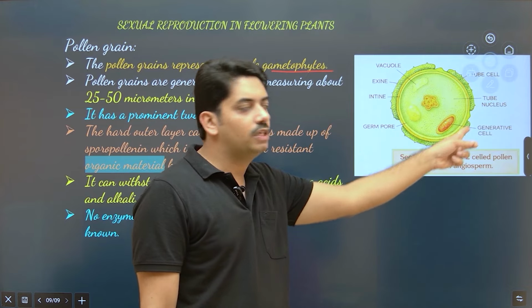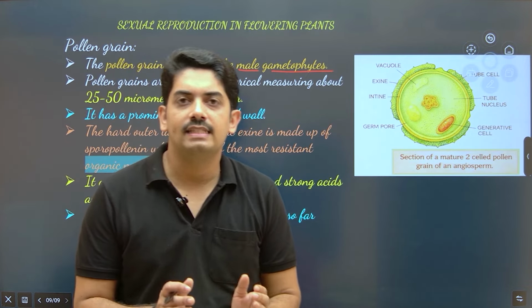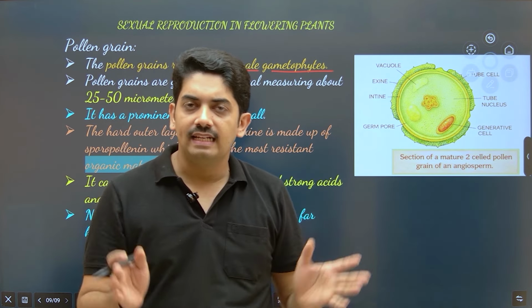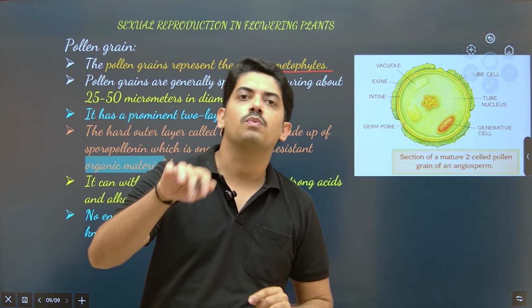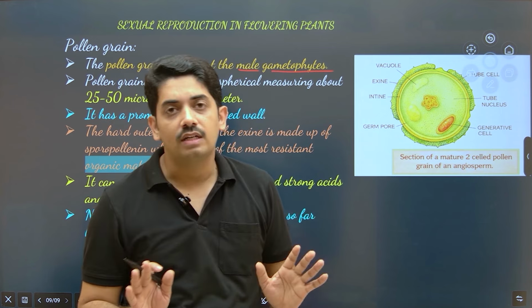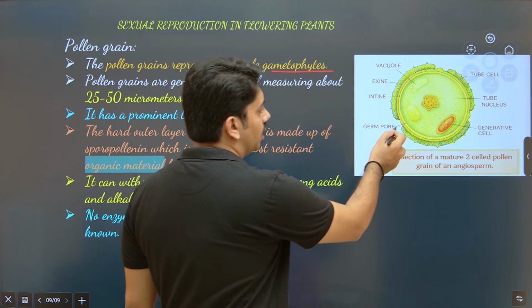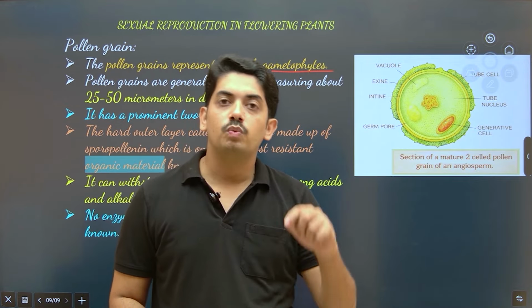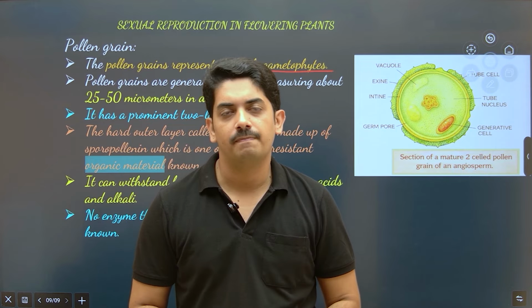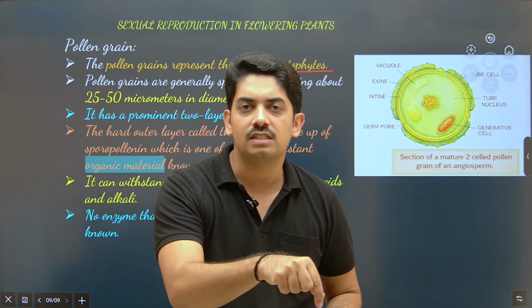To this particular pollen grain, internally it has intine, externally it has exine. Intine is a continuous wall layer, exine is not continuous, it is interrupted. Interrupted with what? Germ pores. Why are these germ pores important? Through which pollen tubes are formed. Imagine now pollen grain in the wind reaches the stigmatic surface.